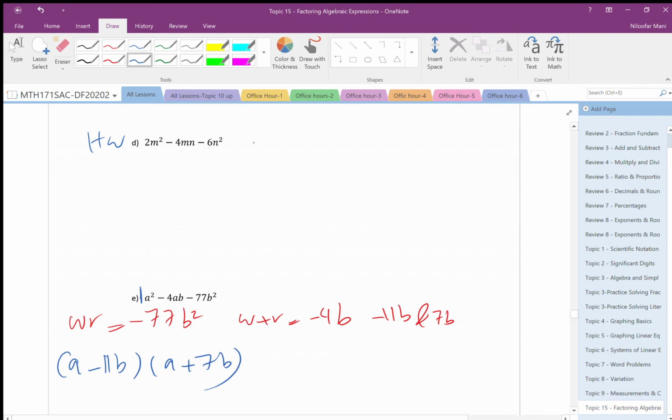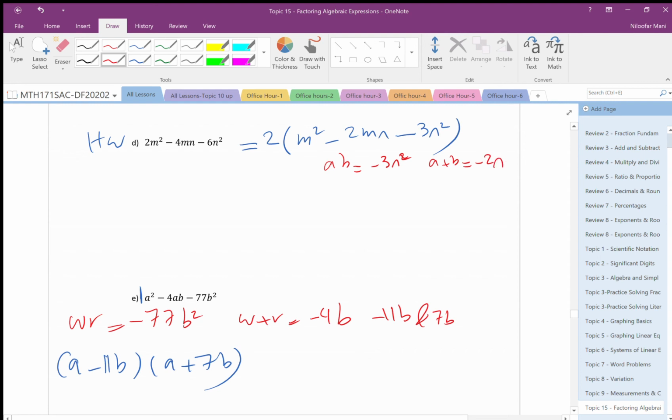Yes, so I can factor 2. So m squared minus 2mn minus 3n squared. I am looking for two numbers. If I multiply them it is minus 3n squared, and if I add them it is minus 2n.